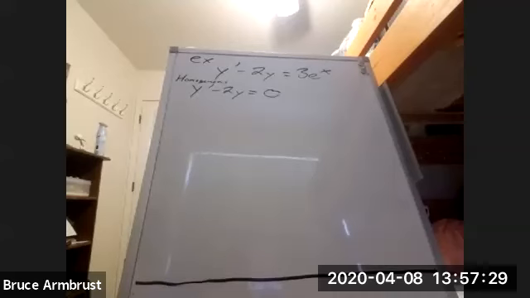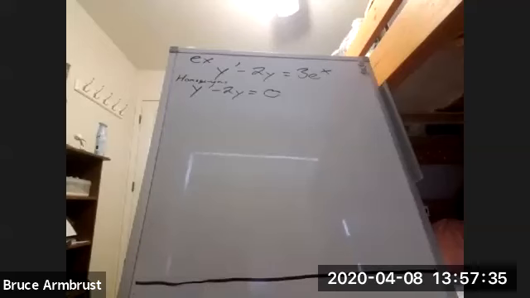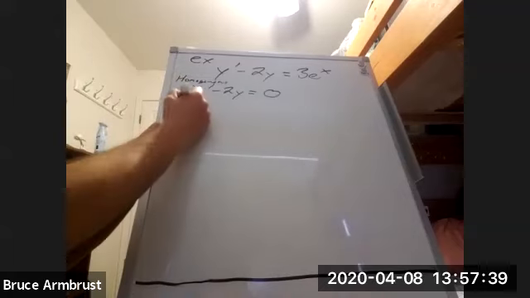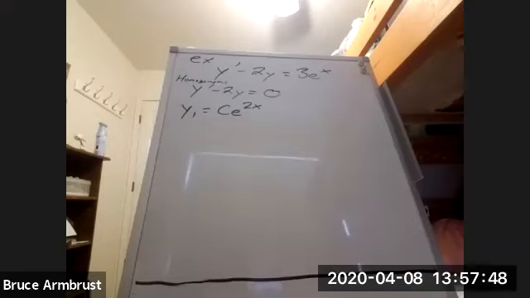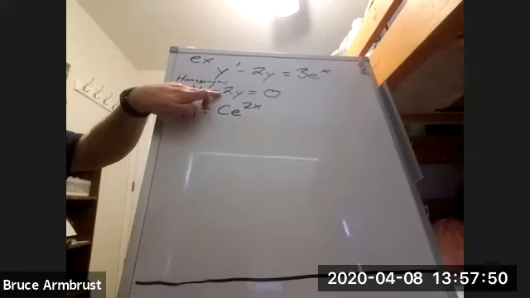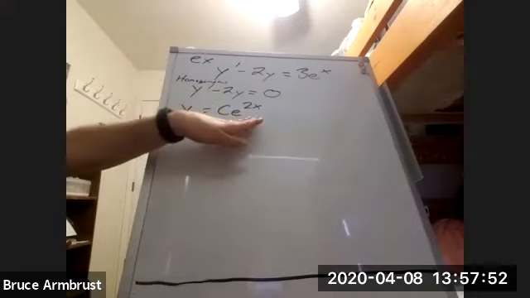Yeah, so this is the good old y prime equals 2y. So if we do our separation and all that, we're going to get y1 is equal to c e to the 2x, yeah, exponential. So for these, when it's a constant, just change the sign and then make that the exponent.